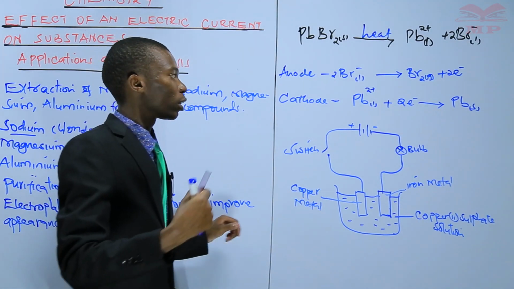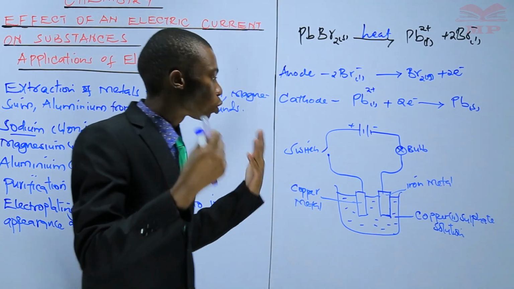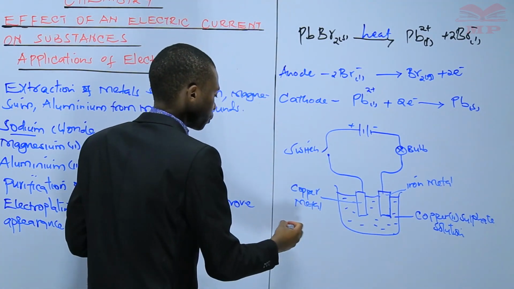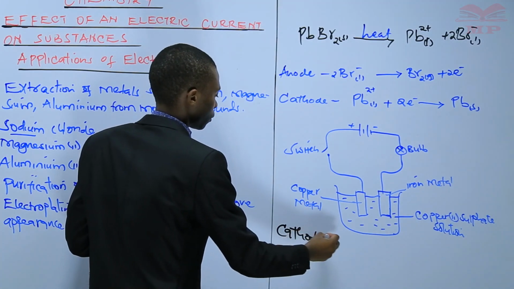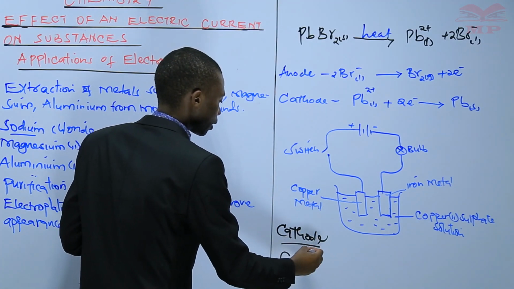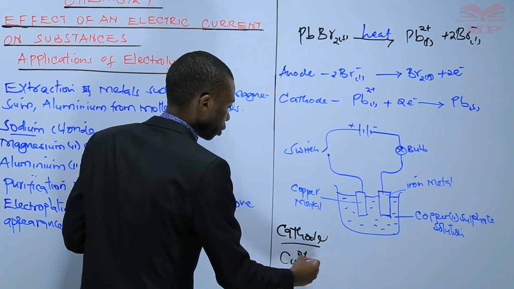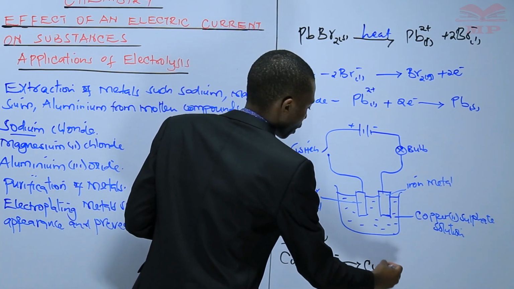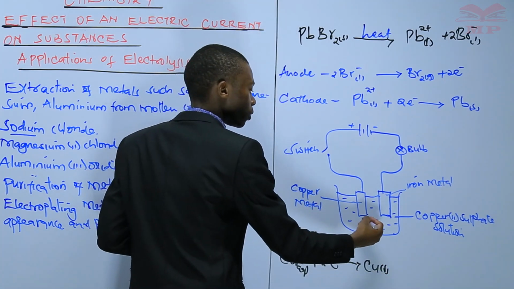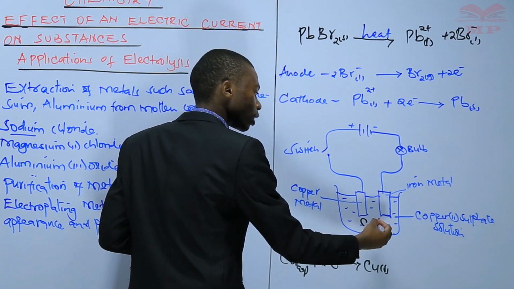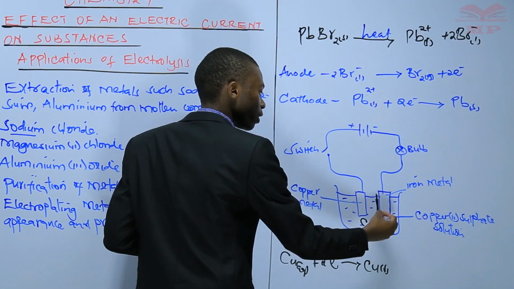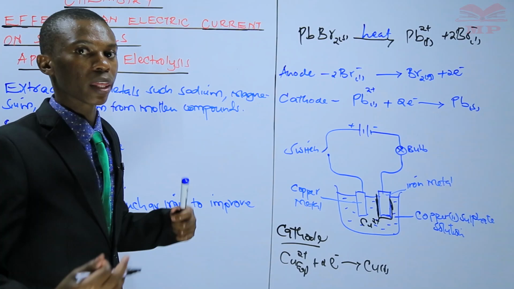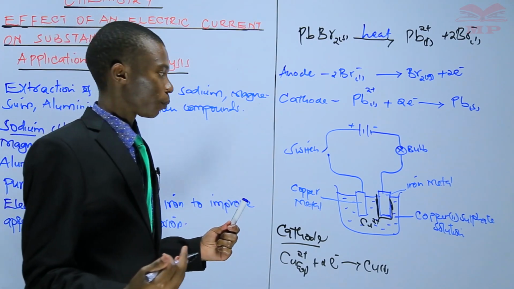What will be happening is that the copper ions in the solution will gain electrons and they're deposited as copper metal. These copper ions will gain electrons and they will be deposited on the surface of iron. And that is how you coat a metal with another metal.